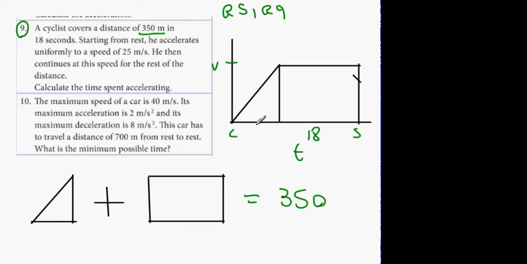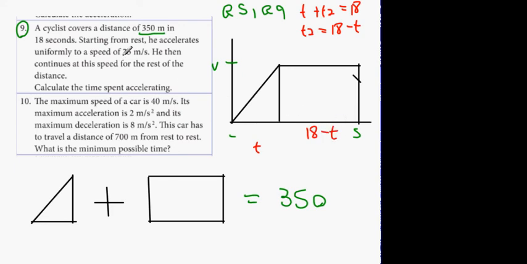If I say that T1 is T, what can I say about T2? T1 plus T2 equals 18, and if T1 is just T, then that makes T2 18 minus T. So our system is going to be T and 18 minus T.